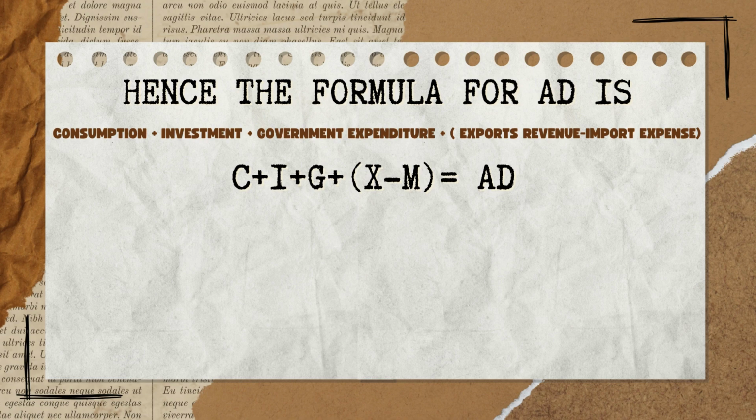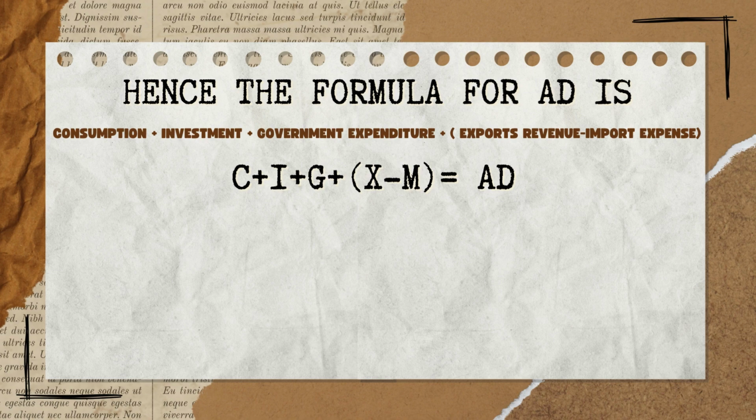For example, Singapore pays China money to buy their batteries, their toys, their plastic items, or their Tupperware. Those are the import expenditure. So you take revenue minus expenditure, which gives you X minus M. X minus M means export revenue minus import expenditure, and this gives you the net export value.